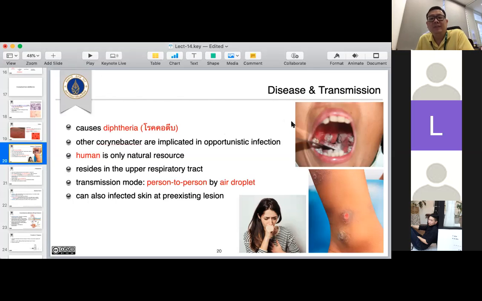So the disease spreads from person to person by contact. If one gets the disease, you get infection in the upper respiratory tract. When you talk or cough, you generate small droplets of saliva, bacteria stay inside the saliva, and transmission occurs from person to person.